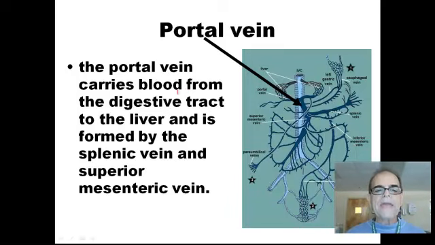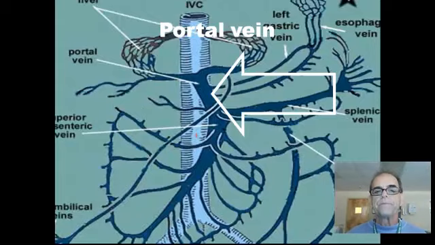The portal vein carries blood from the digestive tract to the liver and is formed by the splenic vein and the superior mesenteric vein here, where the confluence is. The confluence is a very important landmark for the pancreas, and the confluence is also the beginning of the portal vein.